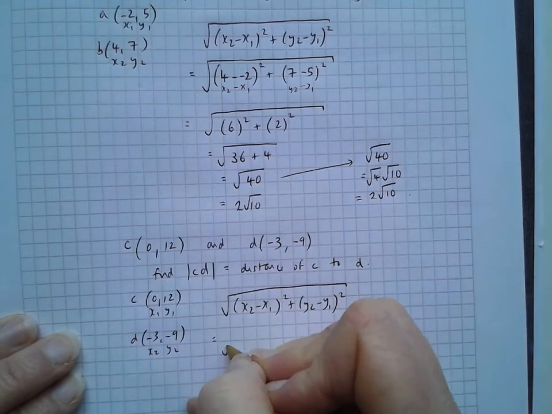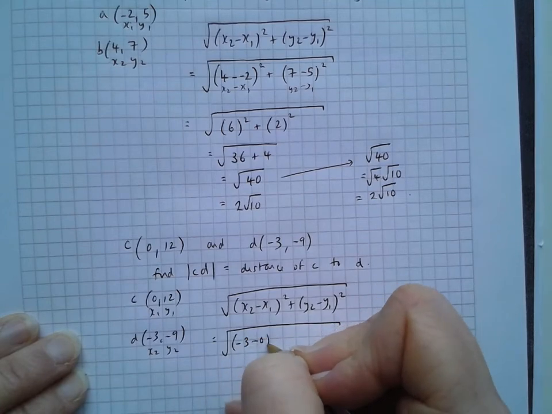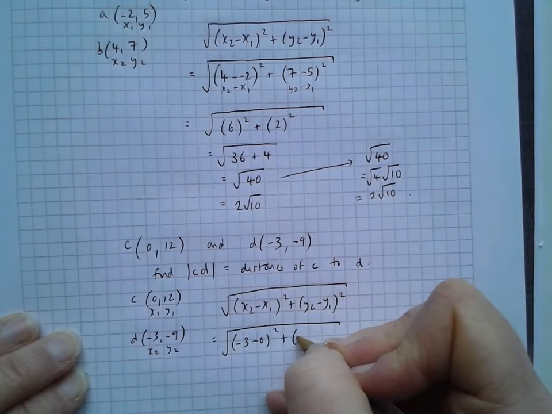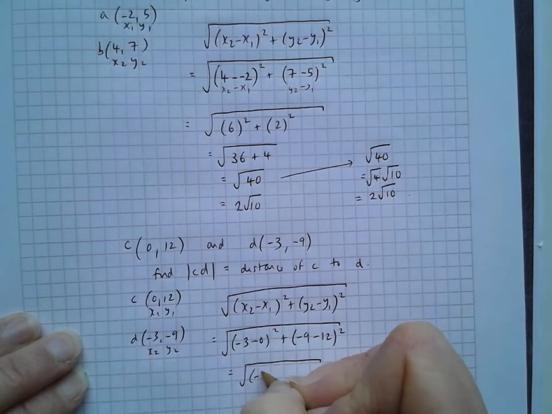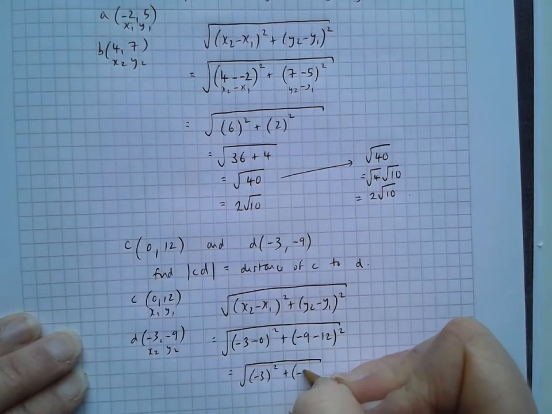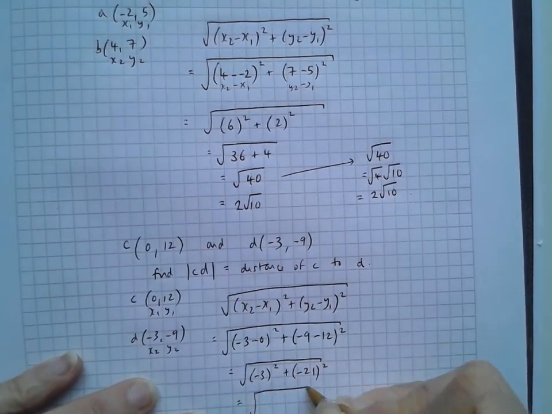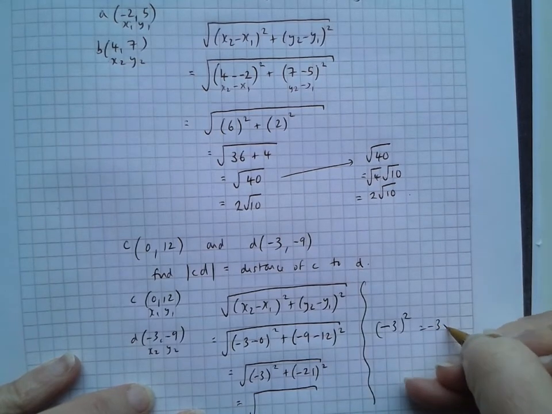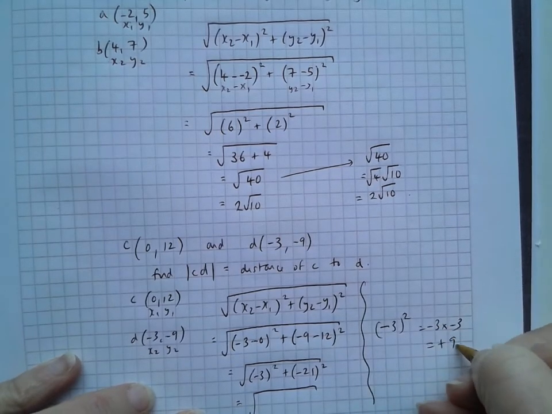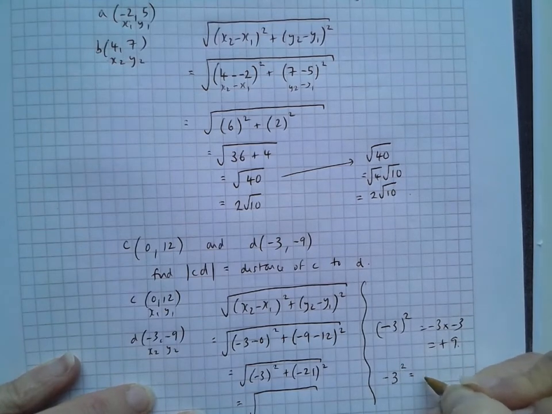So it's going to be the square root of x2 minus 3 minus 0 squared plus y2, which is minus 9 minus 12 squared. So the square root of minus 3 squared plus minus 21 squared. Now remember, minus 3 squared means minus 3 times minus 3, which is plus 9. Your calculator thinks it means minus 3 squared, so they think it's minus 9.